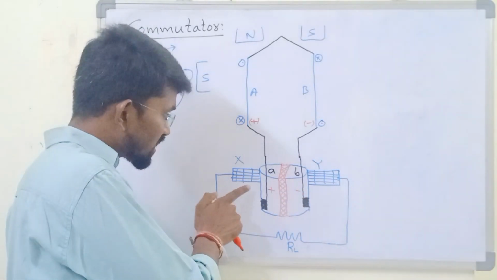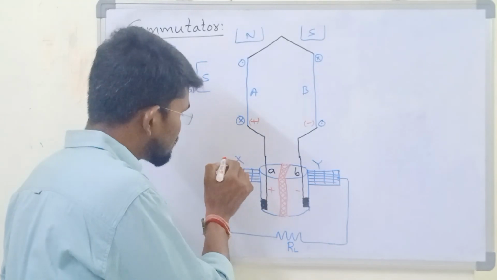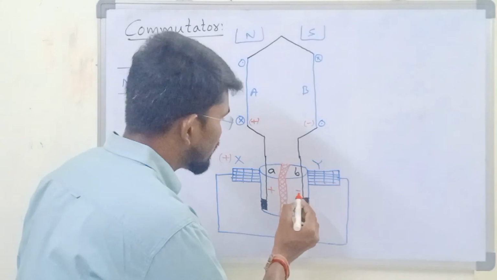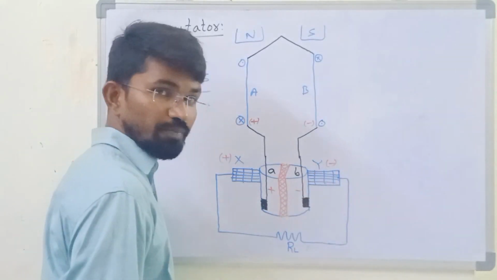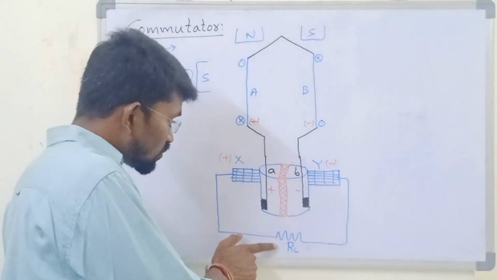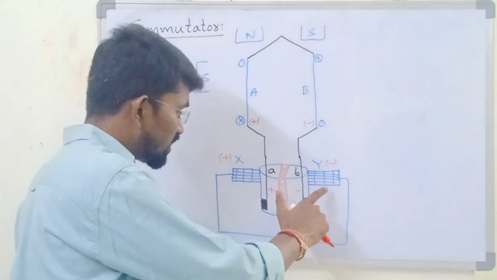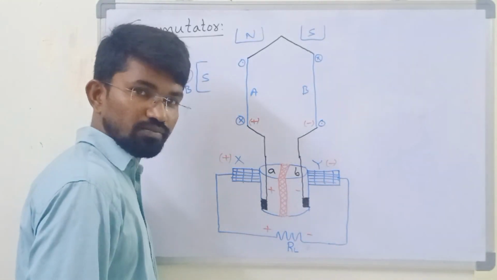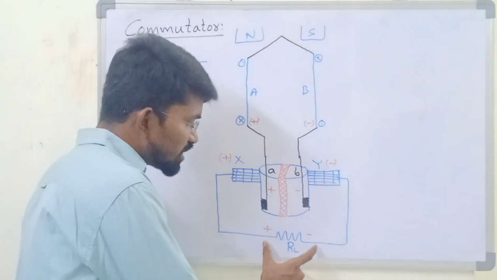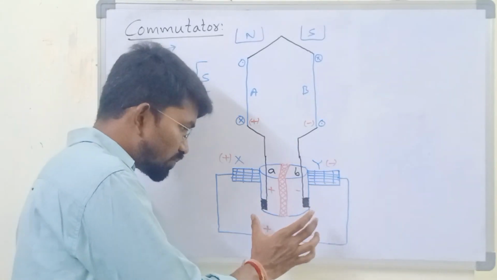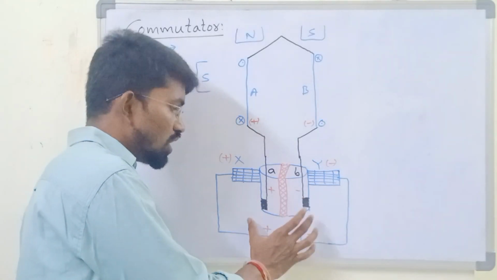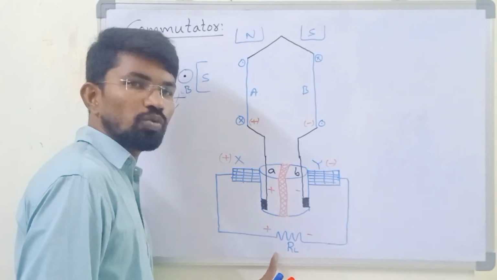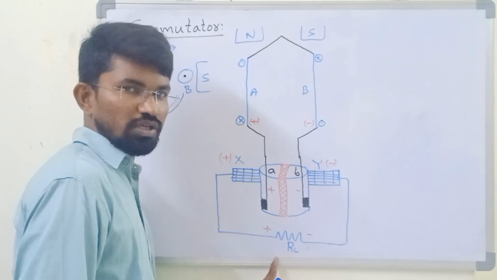The brush X is connected to segment A, so the same positive polarity will be experienced by brush X and the same negative polarity by brush Y. As this load circuit is connected across brushes X and Y, this positive polarity will appear here and the same negative polarity will appear here. And this is the DC voltage across this load circuit. If this DC voltage is continuous throughout the operation of the machine, then we can conclude that the output of that load circuit is a DC voltage.